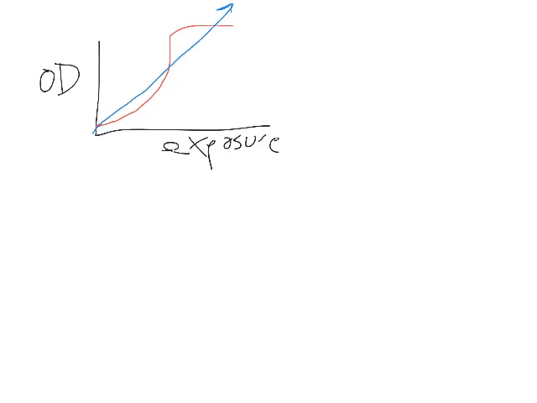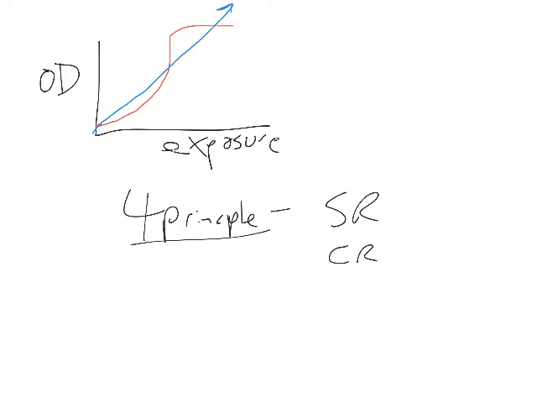So in terms of image characteristics, we are still concerned with the 4 principal things, but they are going to change, unfortunately. And that's the bad news. The 4 principal things are spatial resolution, contrast resolution, noise, and artifacts. But all of them are going to be different for a computed radiography system versus a film system.